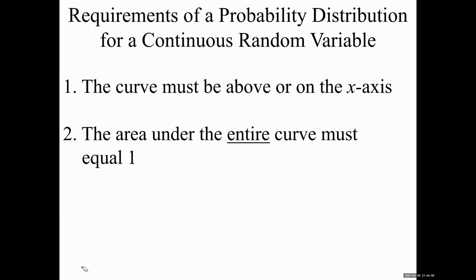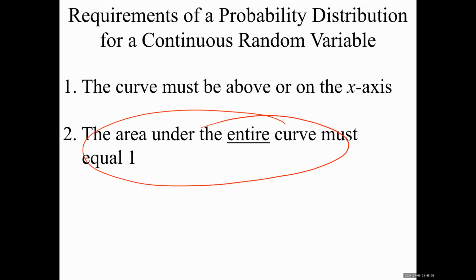Now, when I ask you this on the next quiz, and I say question 1, state the requirements for a probability distribution for a continuous random variable, I'm very picky on this one. If you write the area under the curve is 1, you're not going to get credit because every probability is an area under the curve.